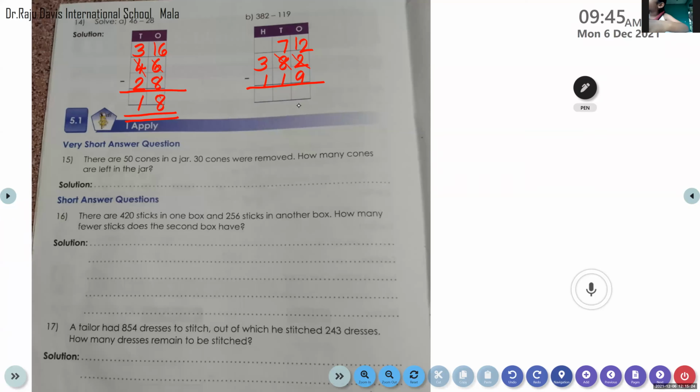Tens place 7 minus 1 is 6. Okay. Then we have one more place, hundreds place. 3 minus 1 is 2. So the answer is 263. Yes, very good. Completed, ma'am. Okay.